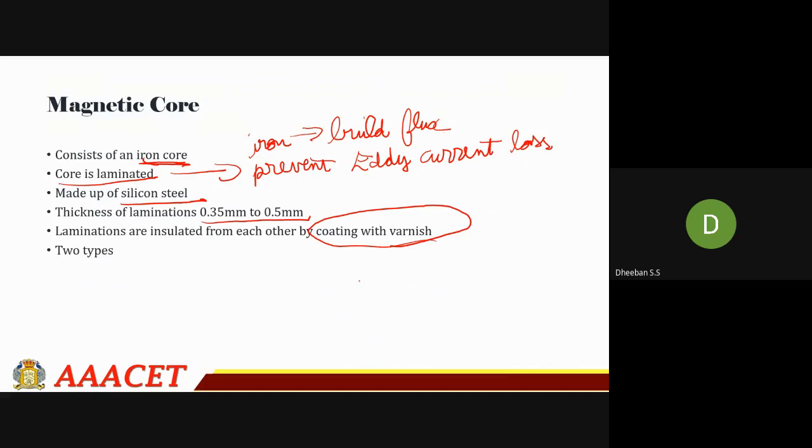After that only it will be kept in the magnetic core. Actually, how the magnetic core looks is like stampings. It is one sheet of magnetic core, above this they will keep another sheet, and above this another sheet. Like that they will be stacking up the sheets to make your magnetic core.